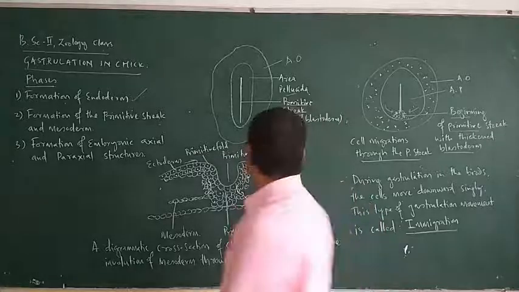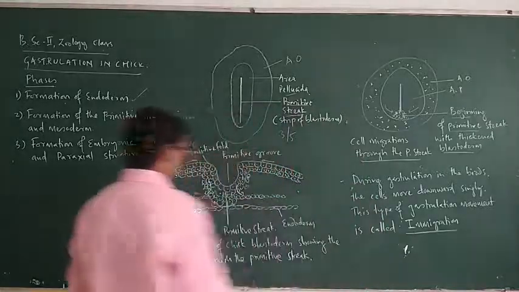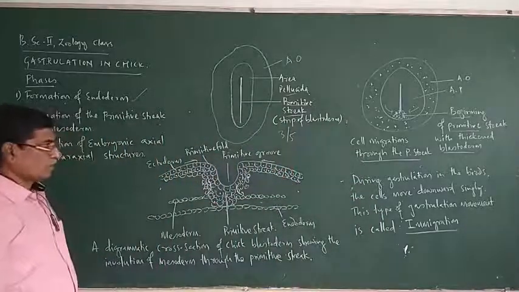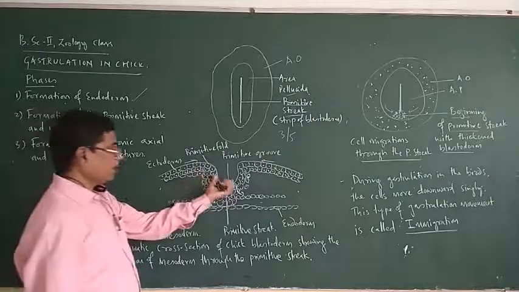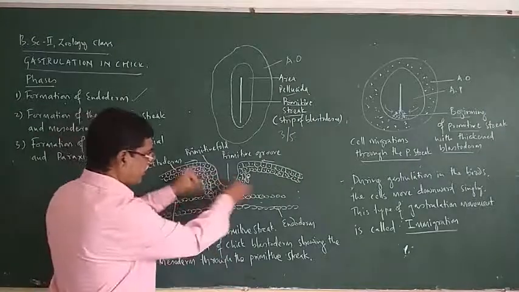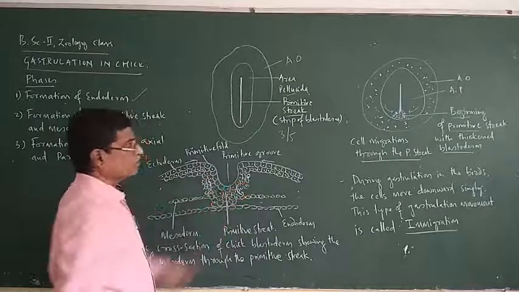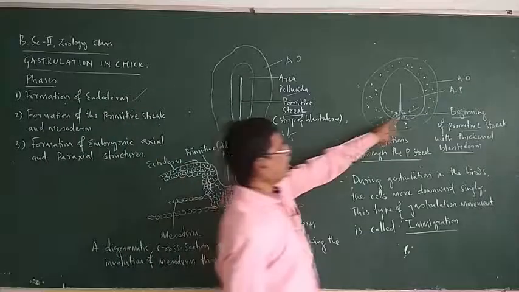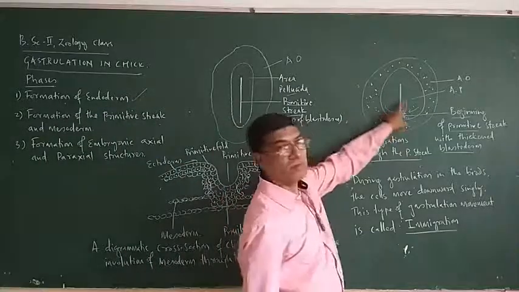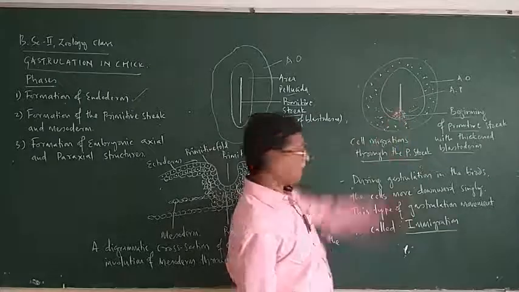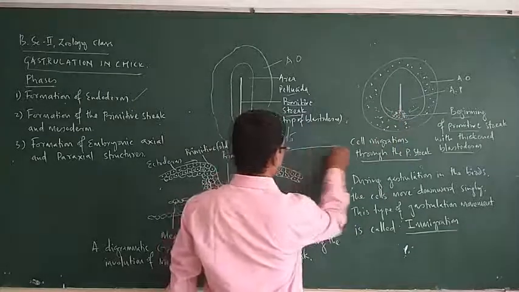Okay. So next, what happens now? Look here. At this region, cells are separating. First, the primitive streak would be a straight, thickened line, like this.